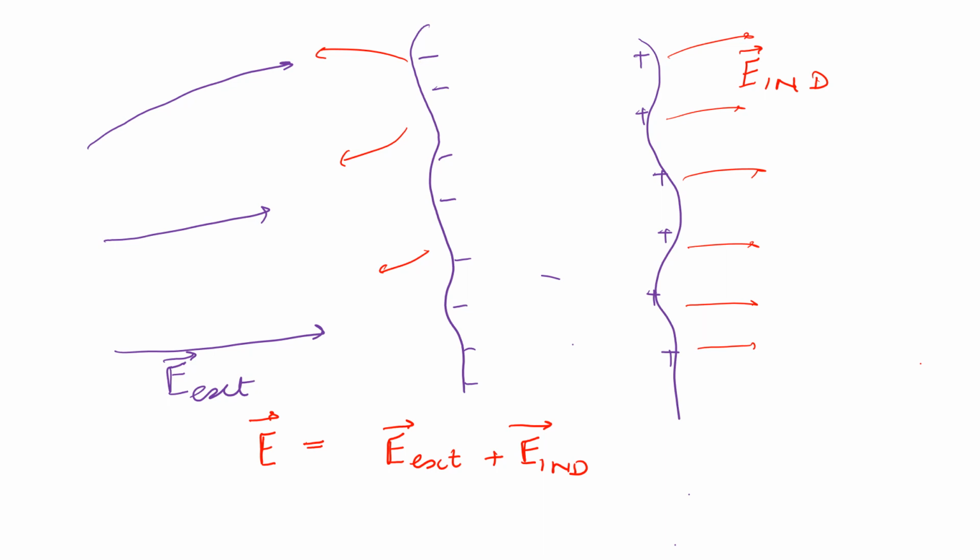Let's see what happens. We've already decided that the total electric field inside the conductor is zero. But what I'm interested in now is seeing what would happen if I go right at the boundary and look at the total E field just outside that boundary of the conductor.